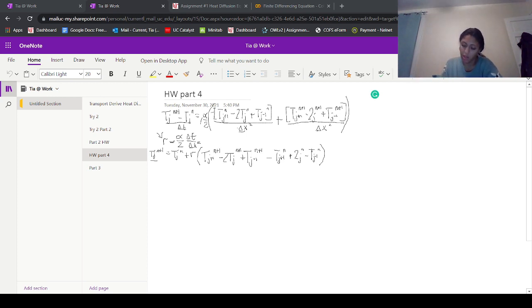And then there's also temperature J at n plus 1, so right here the negative 2. And then there's this TJN, and then you have that also with the 2 over there. So when you do this, you have to actually multiply that R value on the inside.